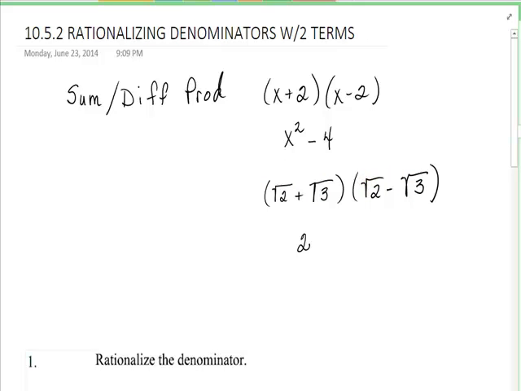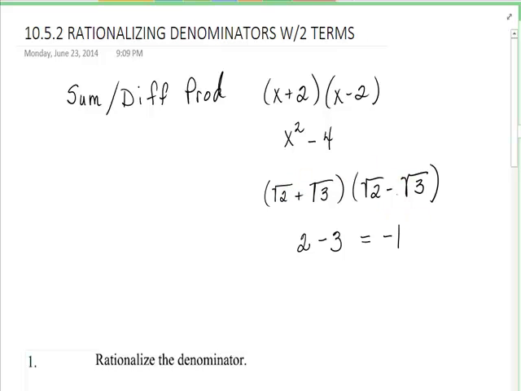They're going to cancel when it's a sum and difference product. The product of the last is negative times positive times negative square root of 3 times square root of 3, which is the square root of 9, which is 3. You get the first one squared minus the second one squared. Those will be rational numbers. Do that subtraction and you get negative 1. So when you multiply these, you get a rational number.